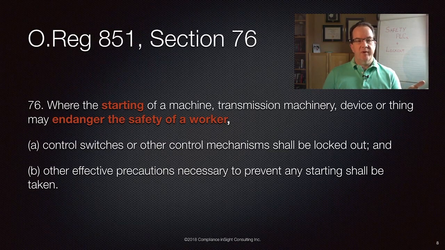Bullet A talks about control switches. Now, generally, unless the control switch is an electrical disconnect, placing a lock on, for example, an emergency stop device, is not considered to be adequate. And here's where section 42 begins to be important. So let's look at the first two subsections in section 42.